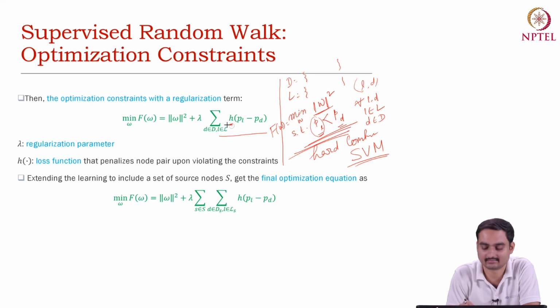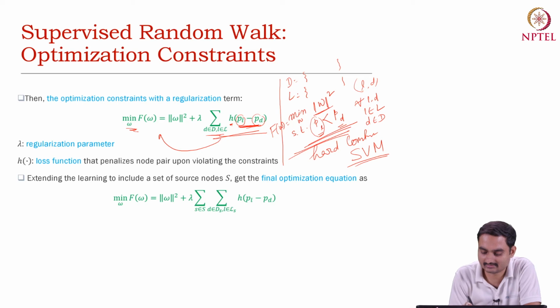It basically says that for every LD pair, whenever I see that PL is greater than PD, I will penalize. You see here, if PL is greater than PD, this would be positive, and this part will positively contribute, but we minimize it, so that's bad. If PL is less than PD, then it's okay because it's negative and we want to minimize, that's okay.